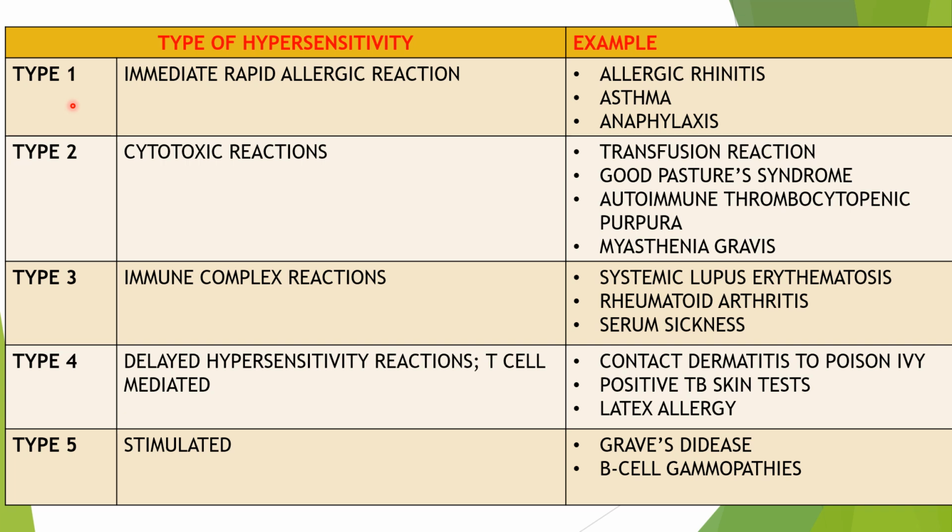The second type of hypersensitivity reaction we call the cytotoxic reaction. Here, especially erythroblastosis fetalis and blood incompatibilities, Rh incompatibility or ABO incompatibility, you can see mainly with this type 2 transfusion reactions.